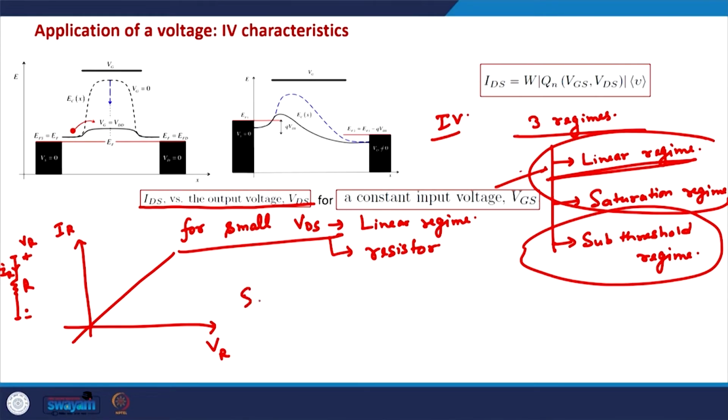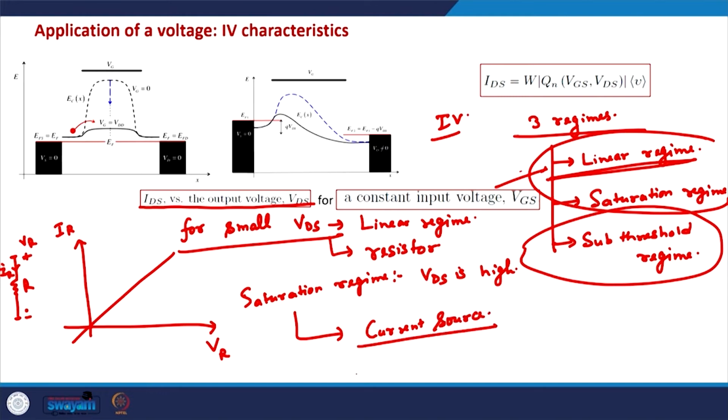In the saturation regime, VDS is a bit high. In that case, the MOSFET acts like a current source. And what is a current source? A current source is an electronic component or an electronic system that gives constant current irrespective of the voltage applied across it.